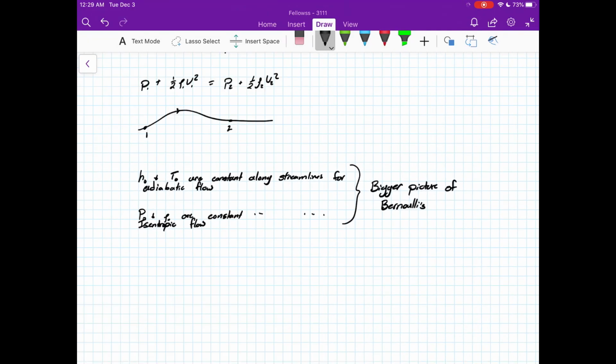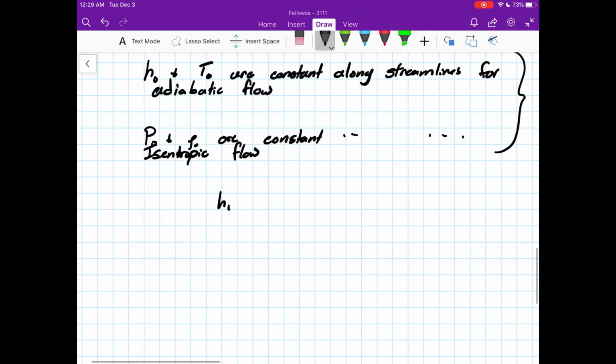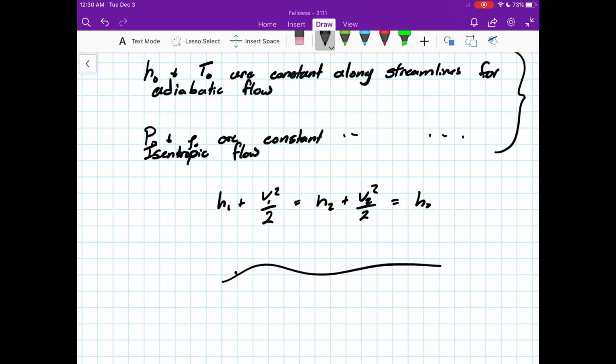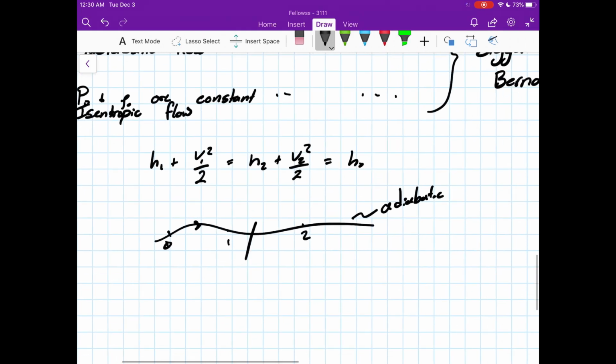So this is really nice because then we can set up equations like h1 plus v1 squared over 2, this is kind of like the total work, equals h2 plus v2 squared over 2 equals h naught, anywhere along this streamline, as long as this is adiabatic, right? It's really nice because if there's a shock between 1 and 2, we're still able to use this relationship. It's really helpful.